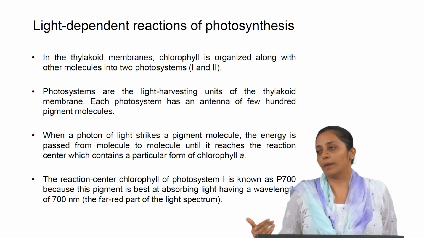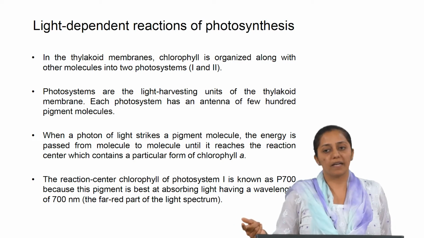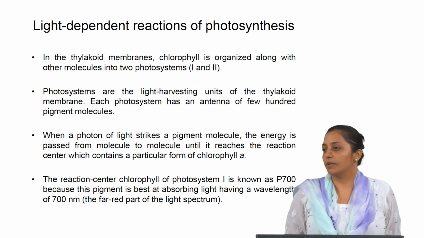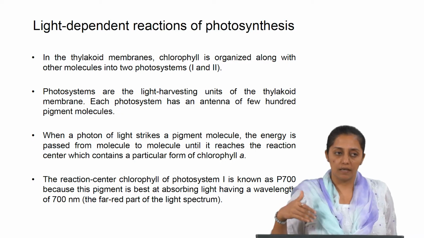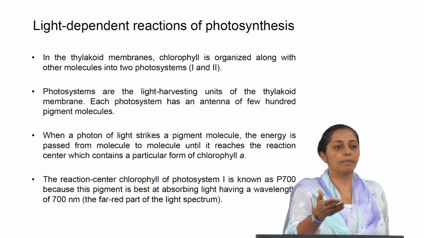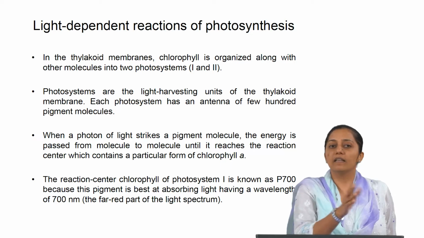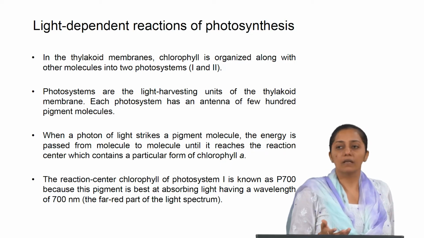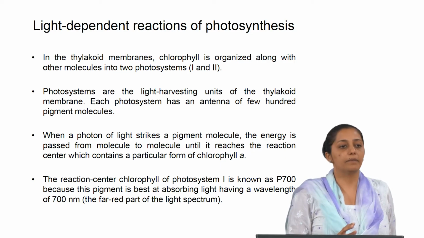This causes an electrochemical gradient which is then exploited by ATPase to produce ATP, and the hydrogen ions diffusing back through the membrane into the stroma are then used to reduce NADP plus to form NADPH.